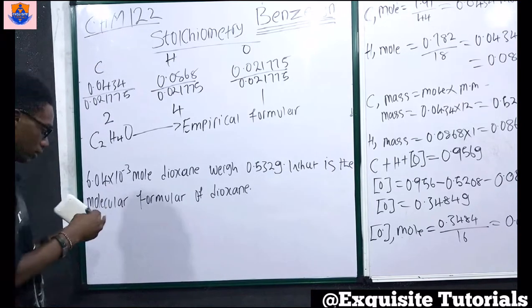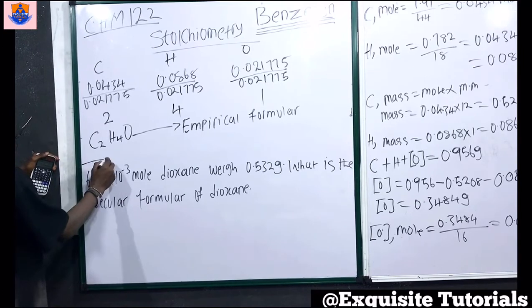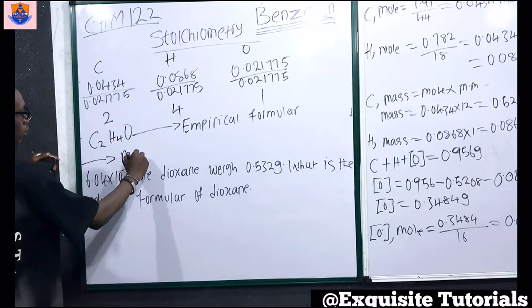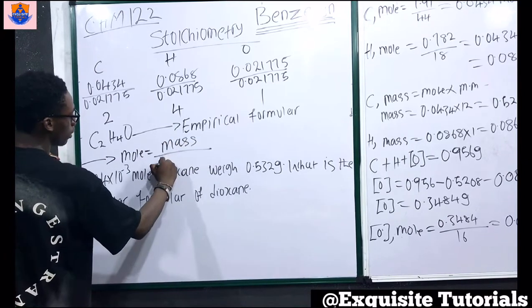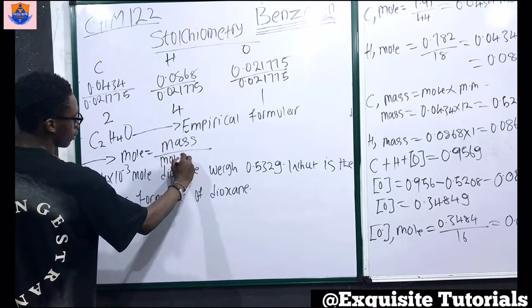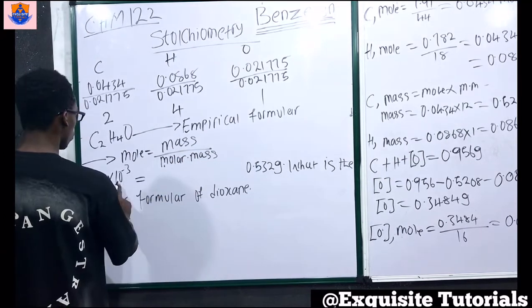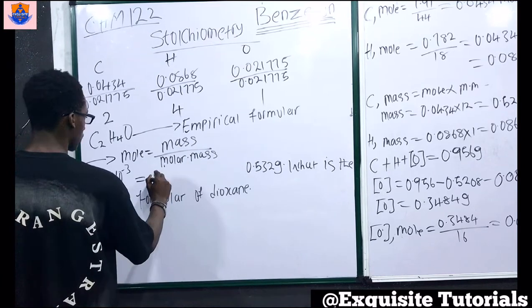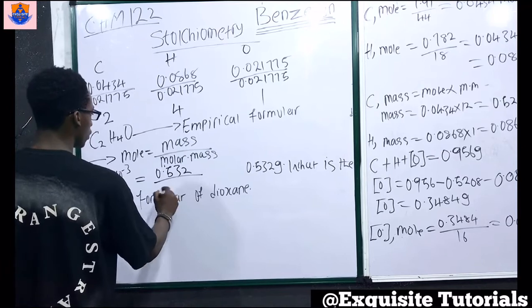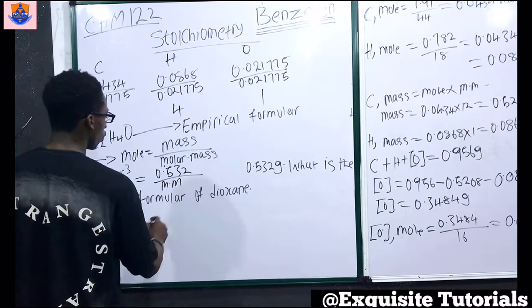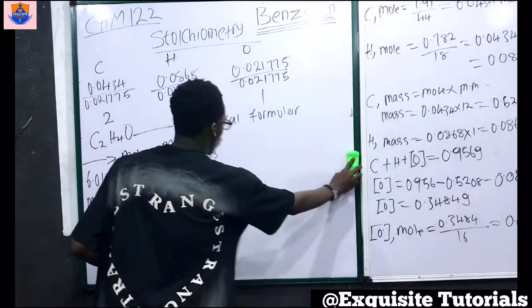All right, so we now have from here. Remember, mole is equal to mass over molar mass. This is the mass, 0.532, over the molar mass, which is the weight of the compound. It is unknown, so we have to look for it.